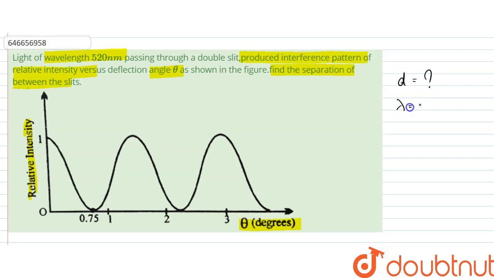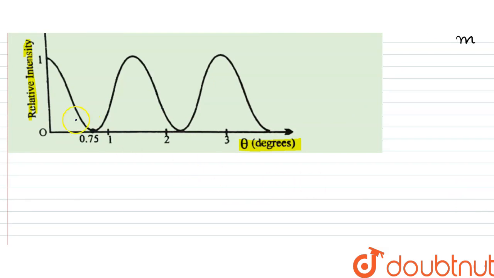Here lambda is given as 520 into 10 to the power minus 9 meters, and this is the graph as shown in the figure. So according to that, the net intensity would be equal to 4 I naught cos square phi by 2.